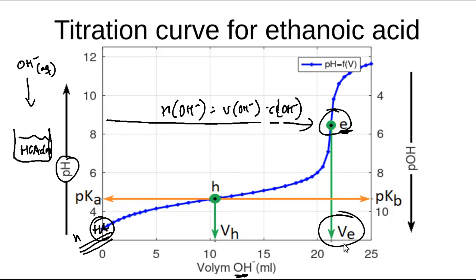And that is the reason why we call this the point of equality, or point of equivalence. What is equivalent? It is the amount of hydrogen ions, they derive from the acid. That is equivalent to the amount of hydroxide ions that we added at this very point.